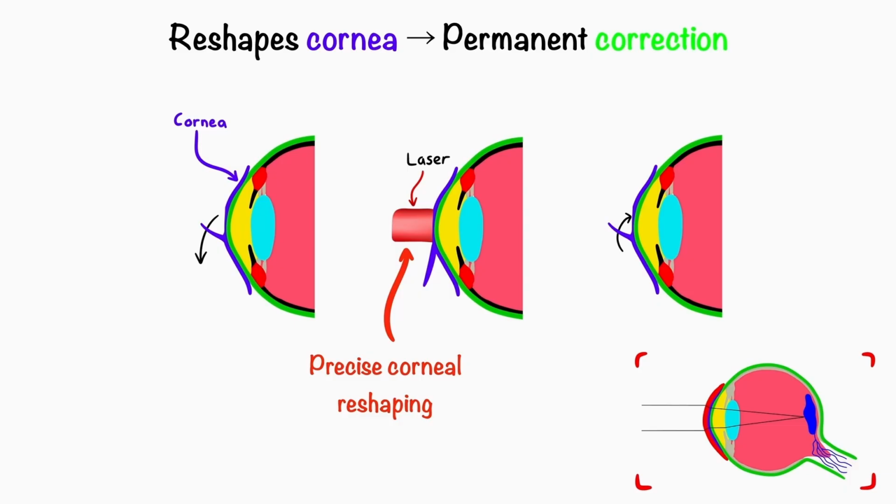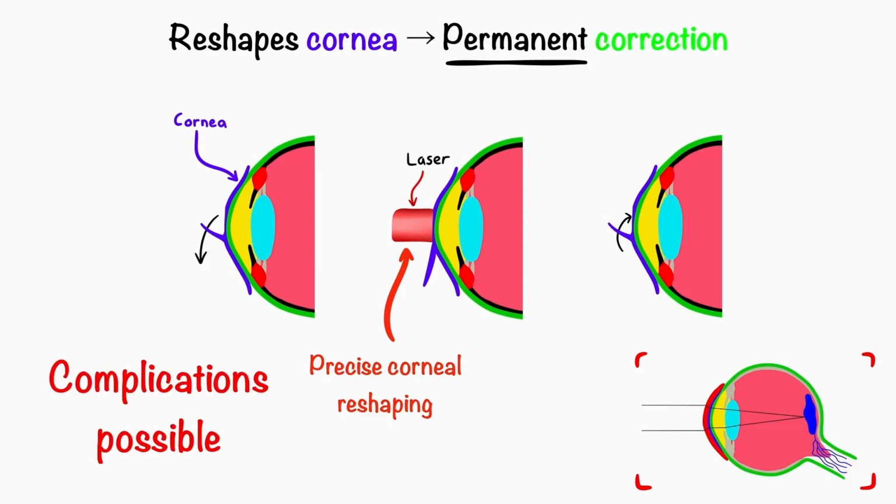This technique can effectively address nearsightedness, farsightedness, and astigmatism. The procedure allows for remarkable precision, often eliminating the need for corrective lenses completely. However, as with any surgical intervention, there are potential risks, including dry eyes, infection, or occasional visual disturbances.